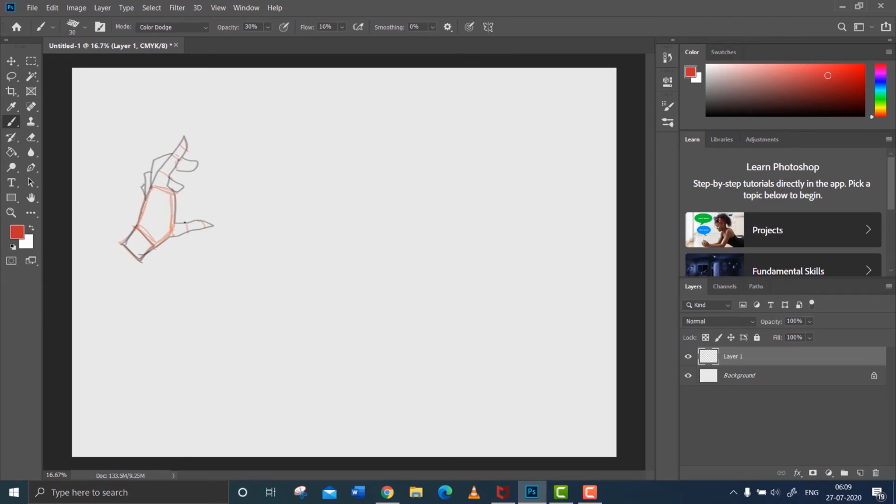Now, to make it simpler, let's use a square for a palm and rectangles and triangles for the fingertips.